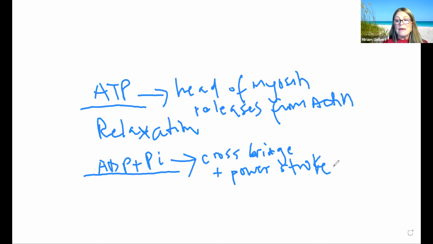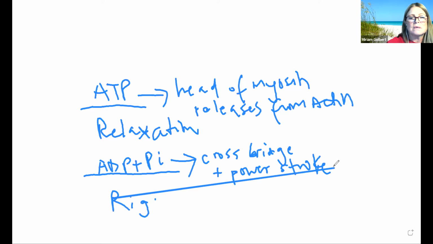So when we die and we don't have oxygen, let alone glucose for cellular respiration, the body stops making ATP. And if you don't make ATP, the head of the myosin stays attached to the actin, and that is contraction. And that is rigor mortis, right? Oh, I touched my rigor mortis.